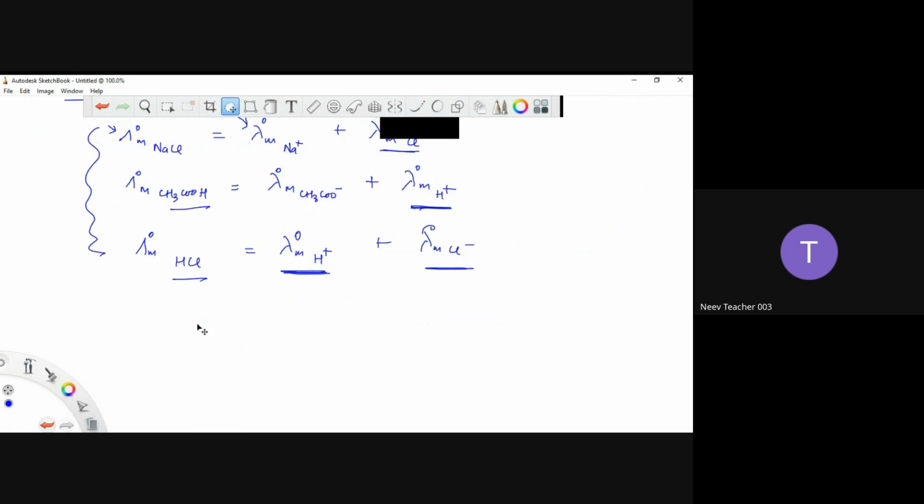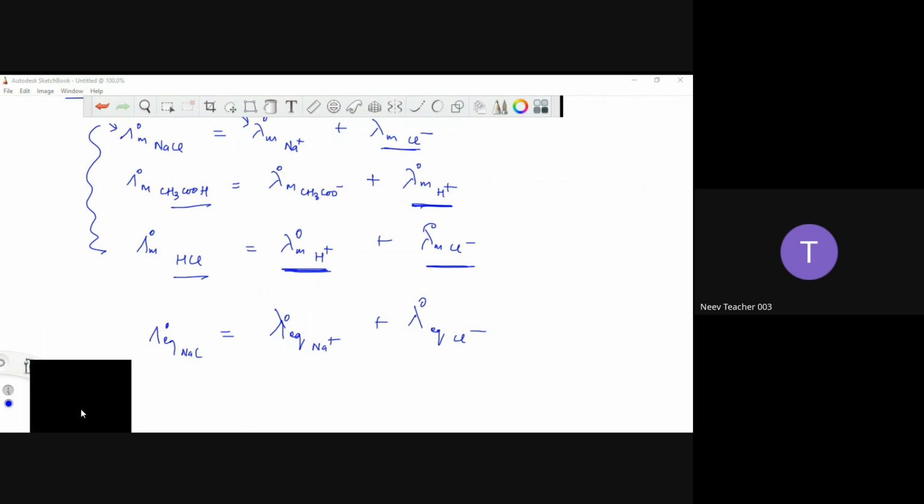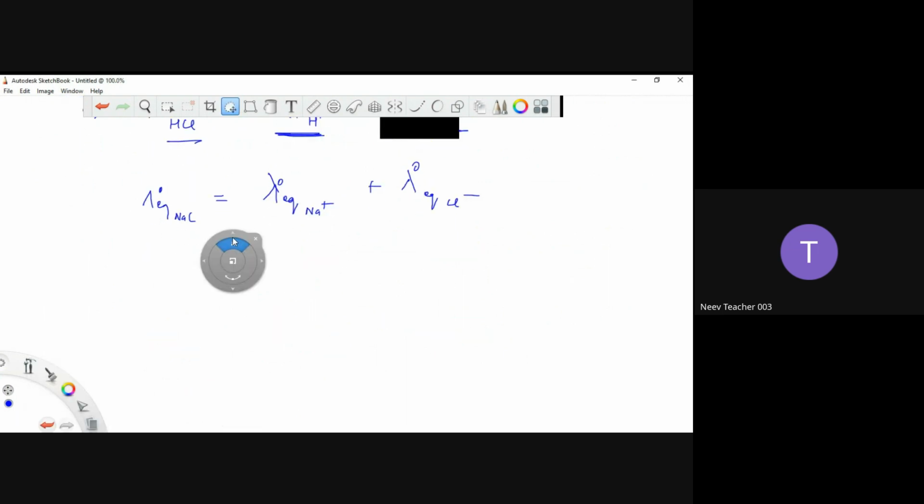In terms of equivalent conductivity, for NaCl, that will be lambda equivalent of Na plus plus lambda equivalent at infinite dilution of Cl minus. You won't see any difference in this 1:1 case.